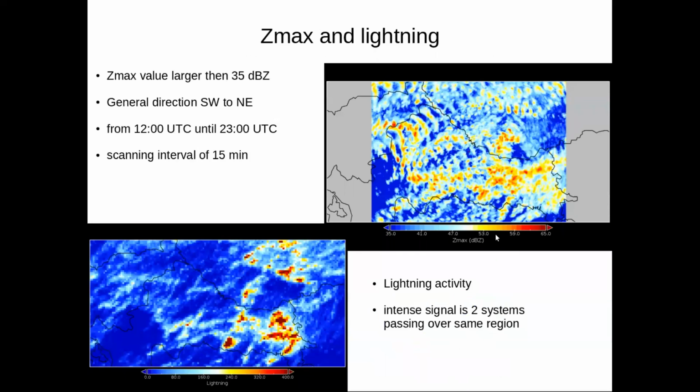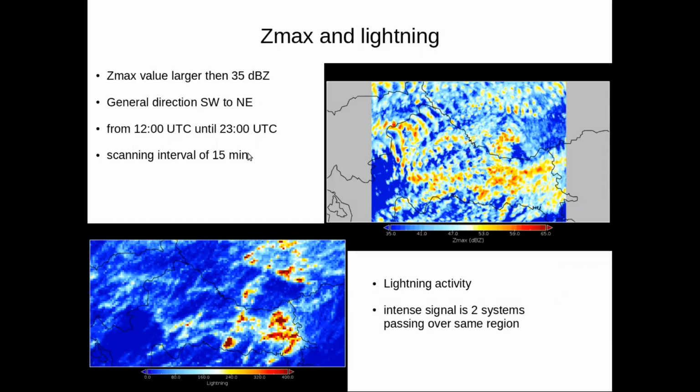To see the maximum reflectivity of the radar in the upper figure, where the lowest value is 35 dBz, we can see that the whole continental part of Croatia is covered with strong reflectivity, suggesting a lot of severe weather within those systems. The system generally moved from somewhere, let's say, southwest towards northeast, and started around 12 UTC until the end of the day.